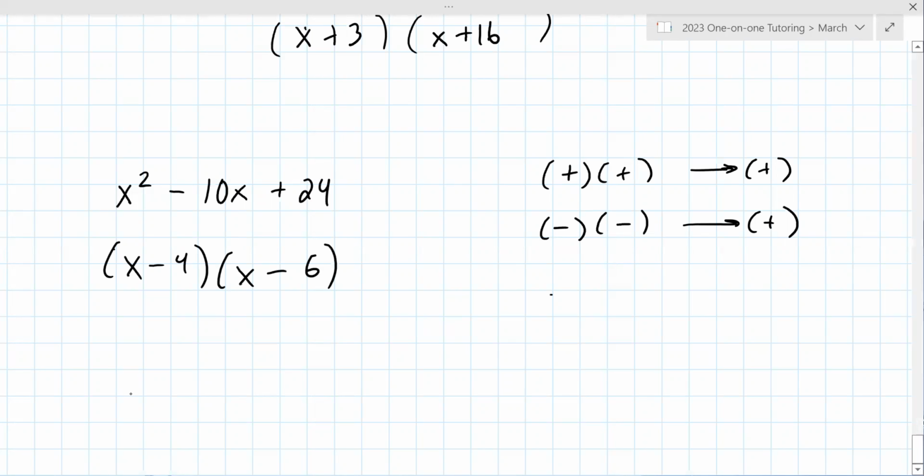Okay, so let's try another one here. Let's say it's x squared minus 11x plus 30. I guess I don't need those parentheses there on the end.